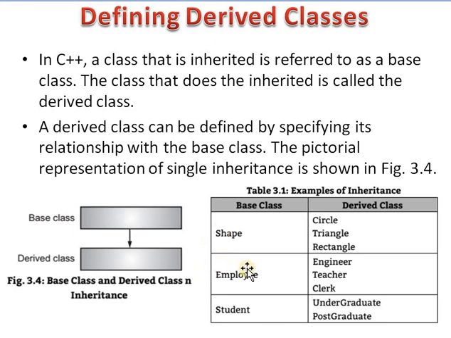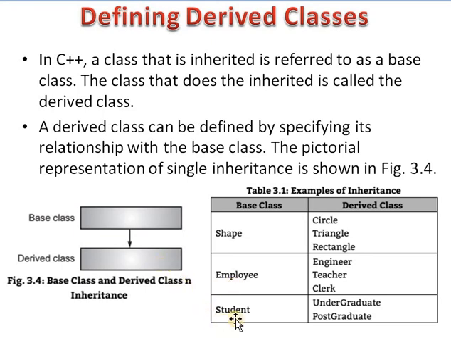There is another example, where employee is the base class and the derived classes are engineer, teacher and clerk. These are the derived classes from the employee class.